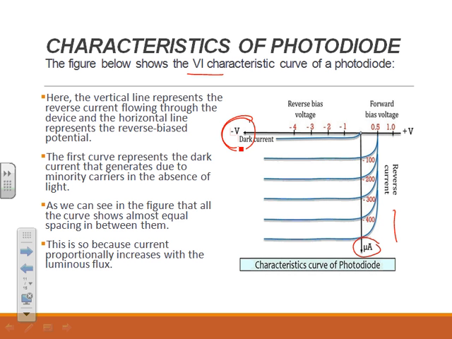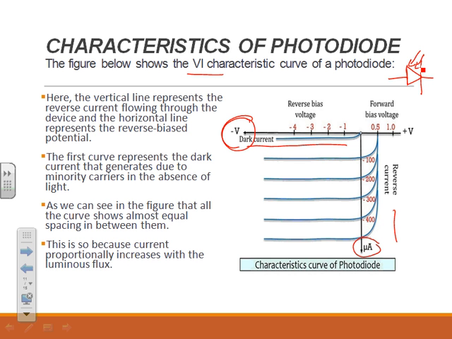Here the first curve represents the dark current that is generated due to the minority carriers in the absence of light. As we saw earlier, when this diode is illuminated with light, then it will conduct electricity.